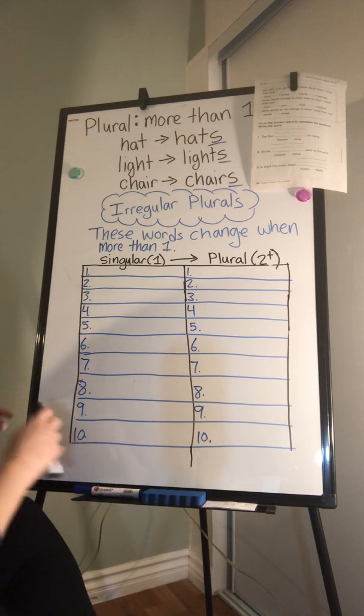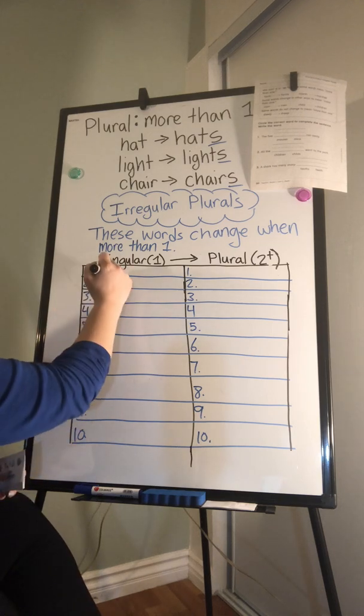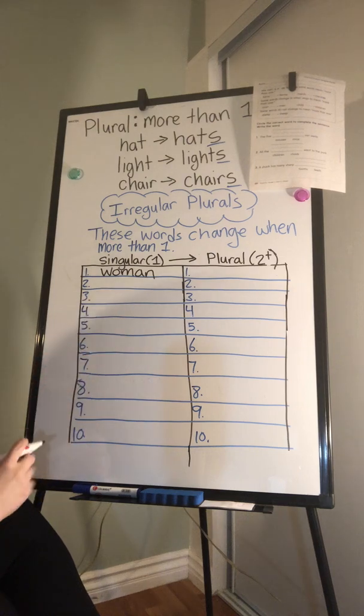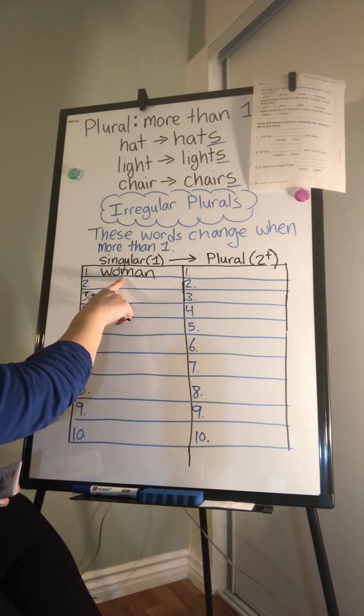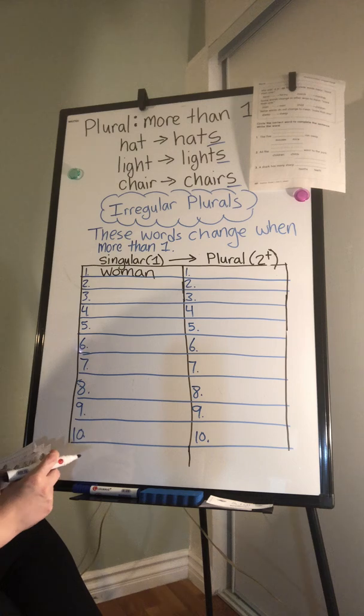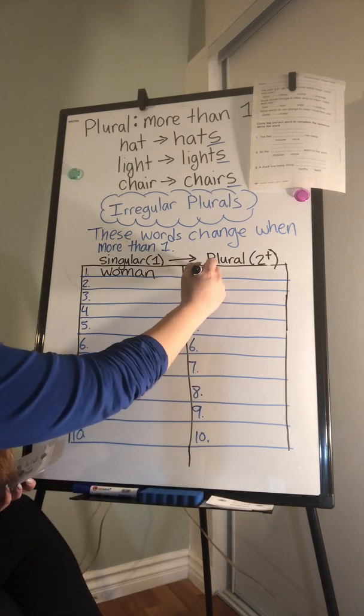So the first one is woman. You don't need to write it. I want you to tell me what's the plural. One woman, two, what is it? Two women.